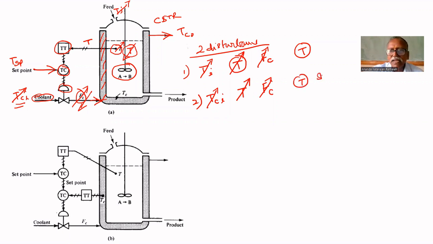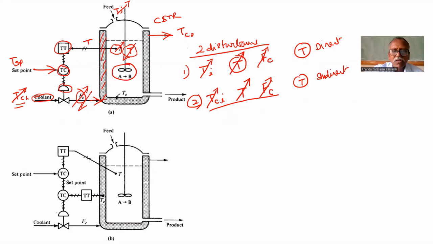The first was a direct effect. That's why this single loop controller will control the direct effect effectively, but the indirect effect is more difficult than direct control. That's why its effect will be lesser in the second case.